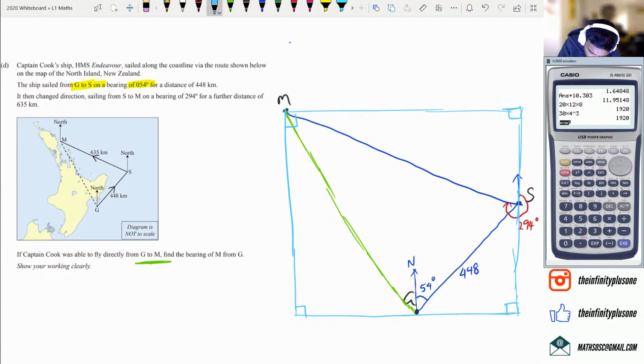Yeah, so this is what we're looking for: the bearing of M from G. Maybe not red, let's go with a different color. So that's the angle that we're actually looking for. Yeah, sorry, Emily, I kind of missed that there.